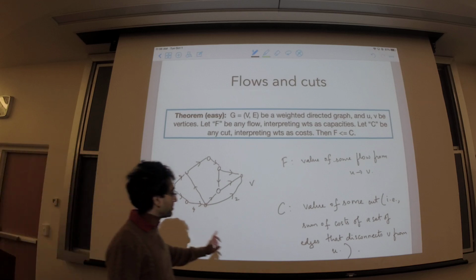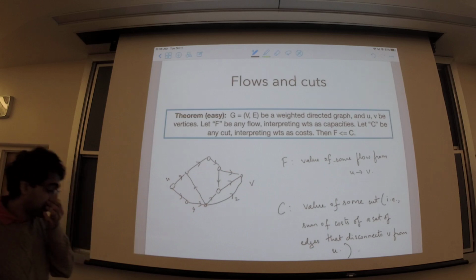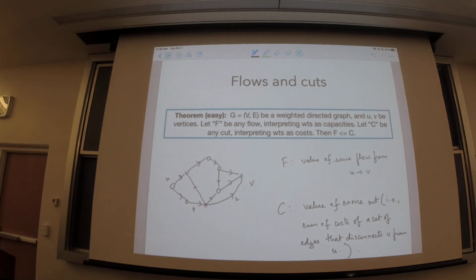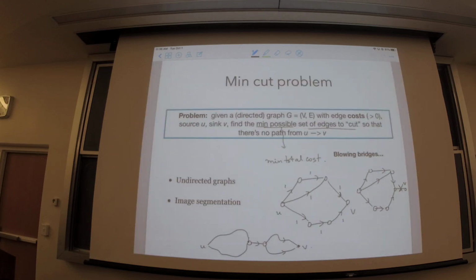Actually, one thing that maybe I didn't clarify as much is that the cut problem also is defined on directed graphs. And we would like to remove edges so that there is no path going from U to V. So there may still be paths going back from V to U, but we don't care about that.